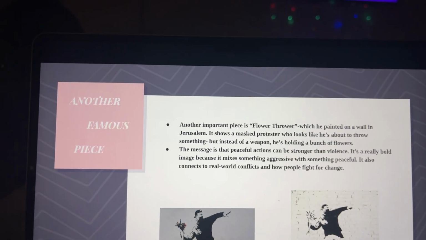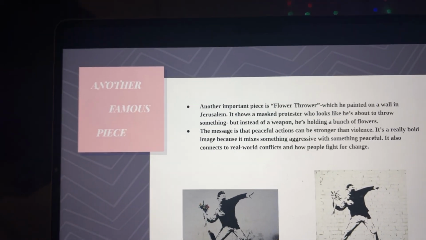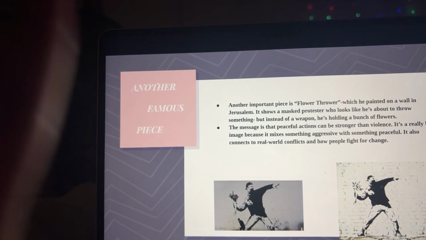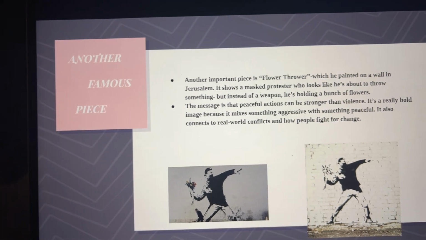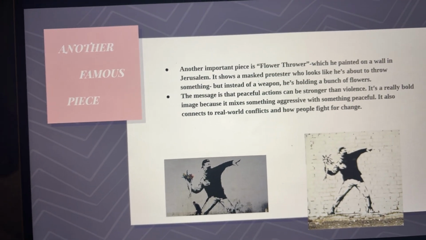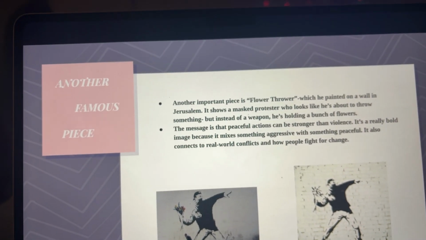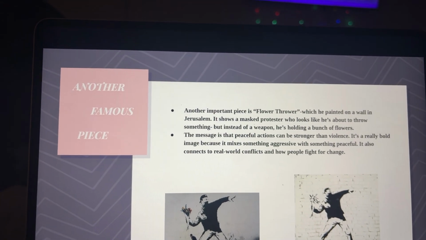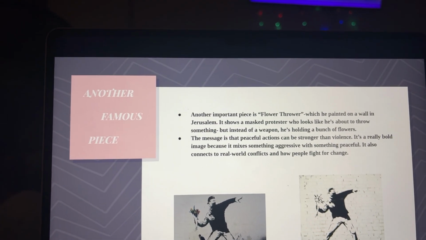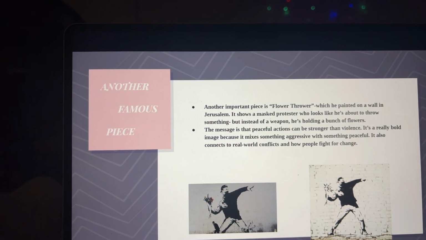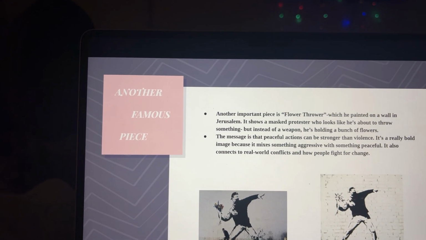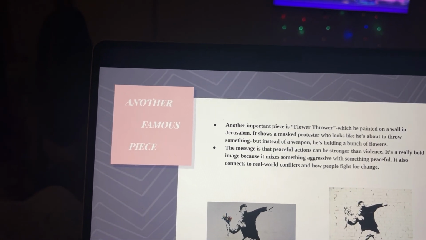Another famous piece. Well, all of his pieces are famous, to be clear, but he has his money pieces. This is another money piece. Another important piece is Flower Thrower, which he painted on a wall in Jerusalem. It shows a masked protester who looks like he's about to throw something, but instead of a weapon, he's holding a bunch of flowers.